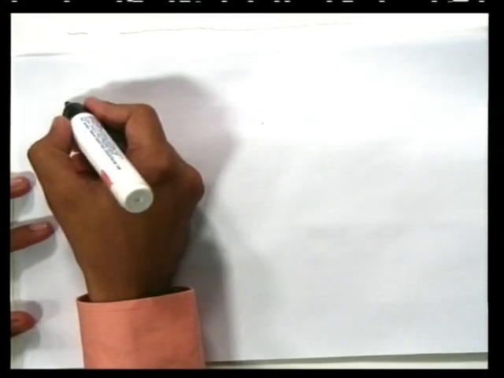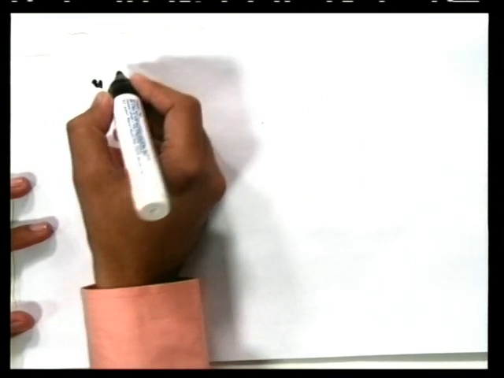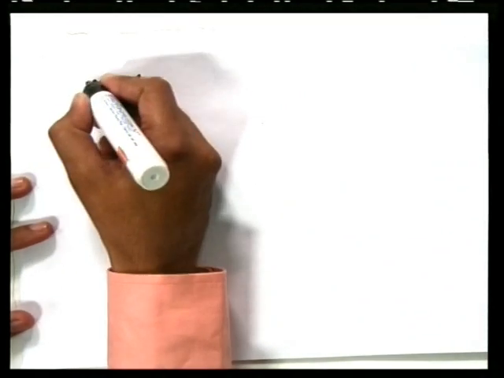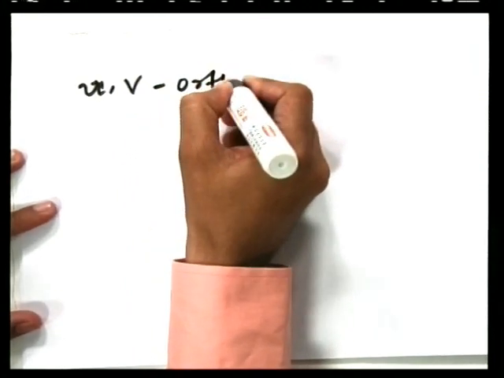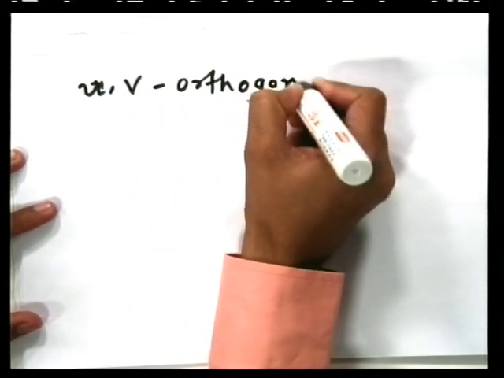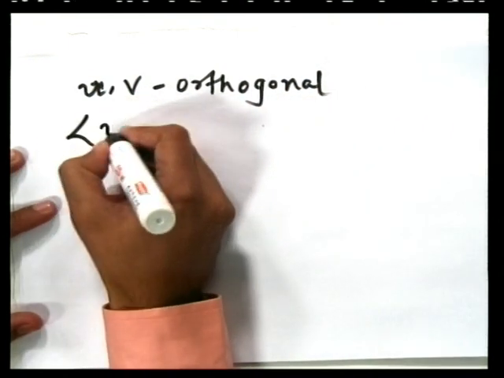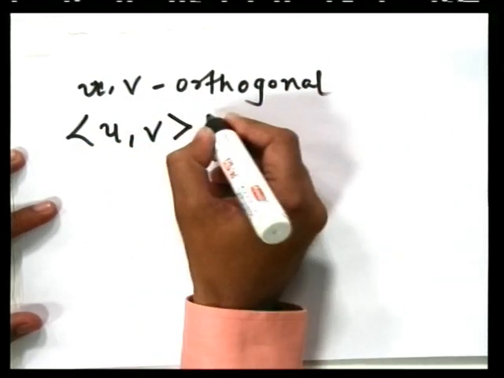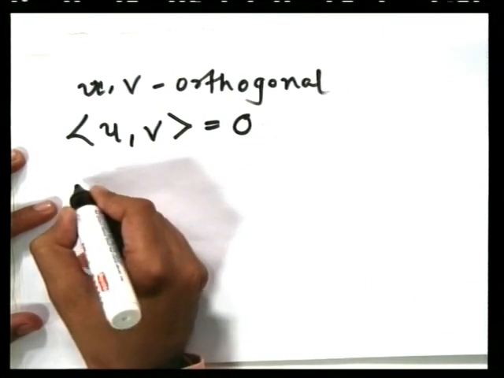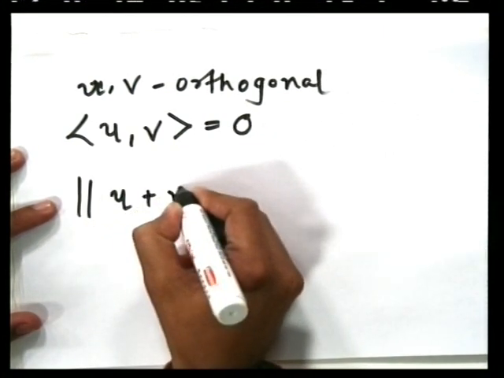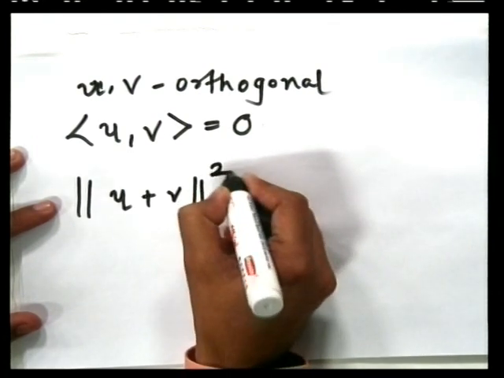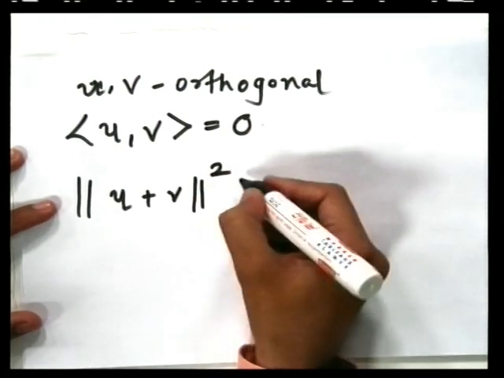So we are given that u and v are orthogonal. That means the inner product between u and v is 0. Now let us start with the square of the norm of u plus v.